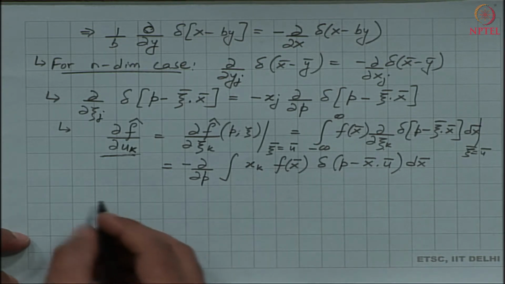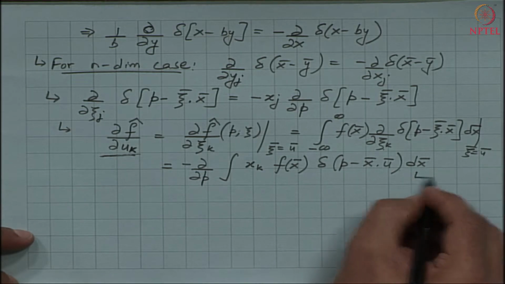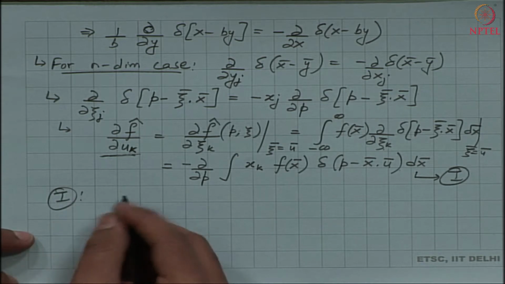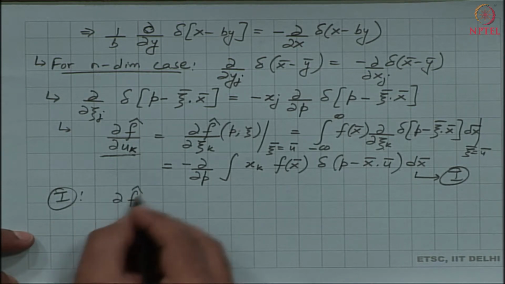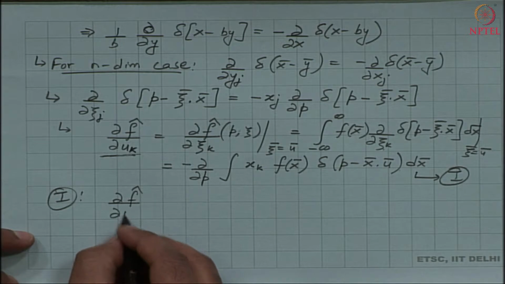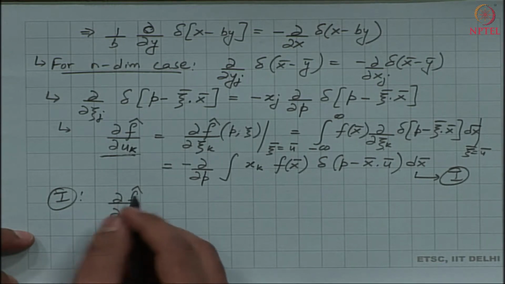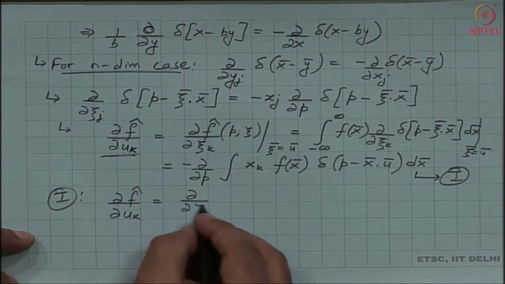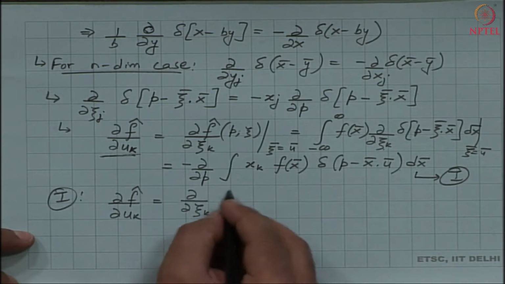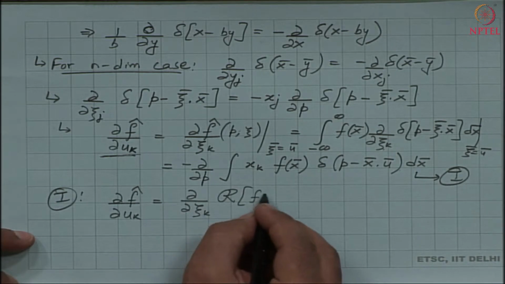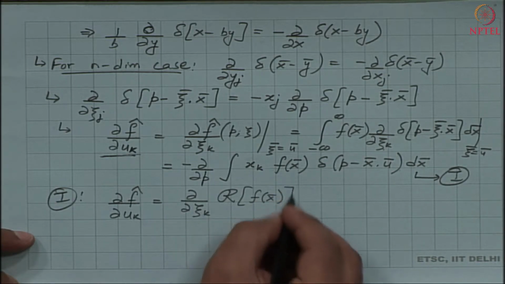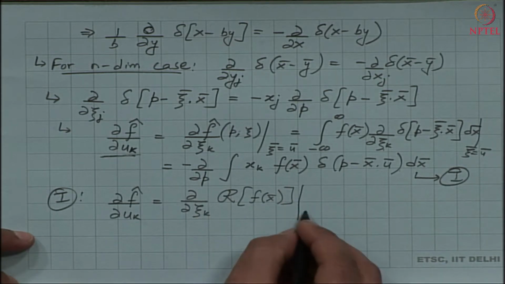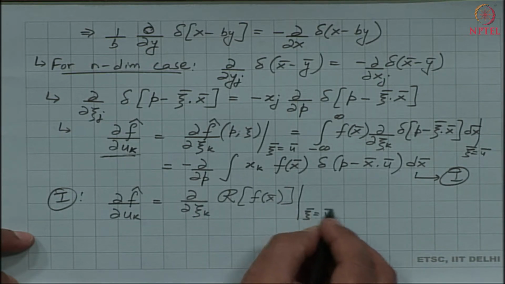Okay. So, the result that I have got is the following. Let me call this 1. So, 1 says that the derivative of the Radon transform with respect to the direction cosine is also equal to the Radon transform of the function f(x) with respect to zeta_k, evaluated at zeta equal to u.